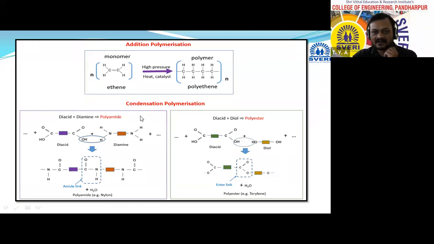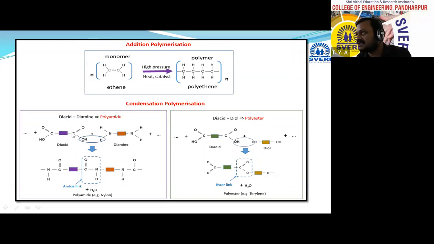Okay, now in condensation polymerization, what will happen here? Here, these are two different monomers. Its basic unit is the acid group COOH.